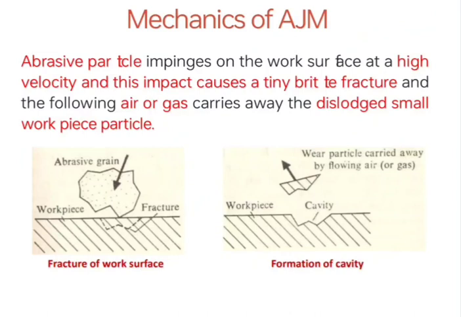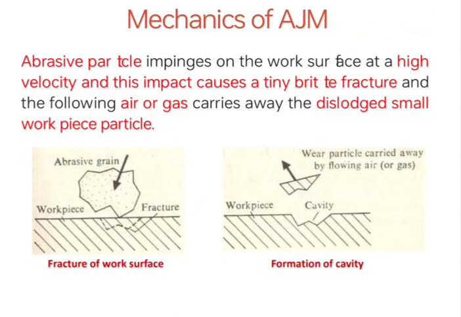Then, what is the mechanics of AJM, abrasive jet machining? Here, the abrasive particle impinges on the work surface at a high velocity and this impact causes a tiny brittle fracture. You see this first diagram.